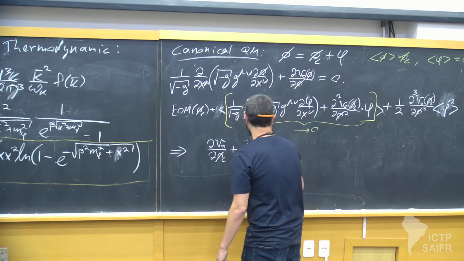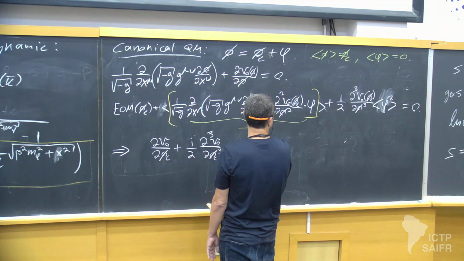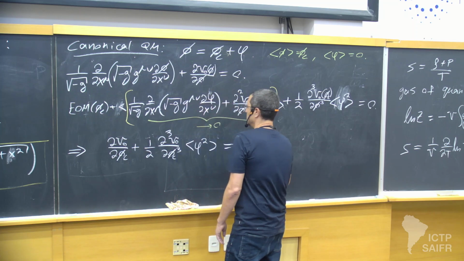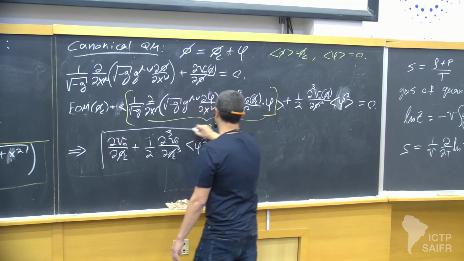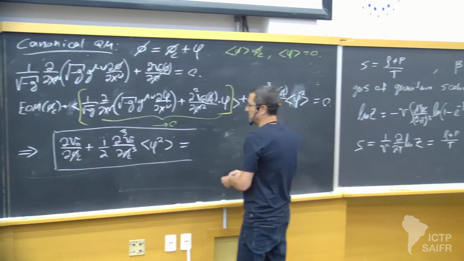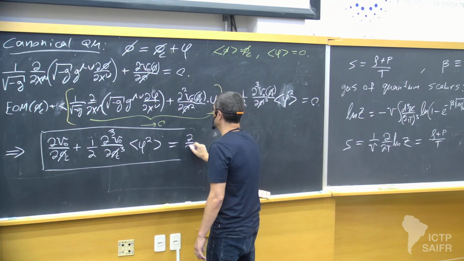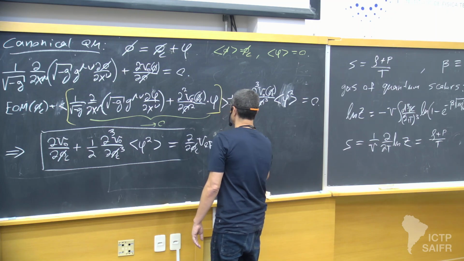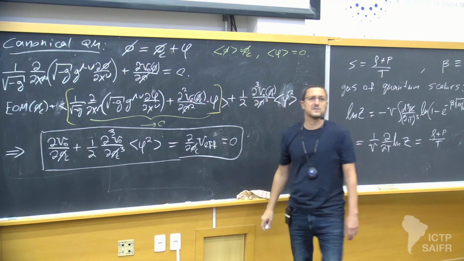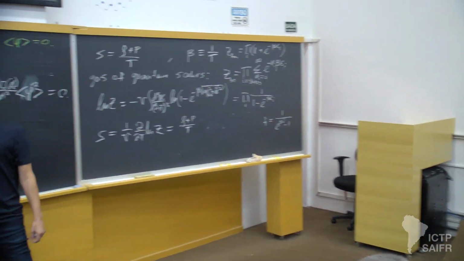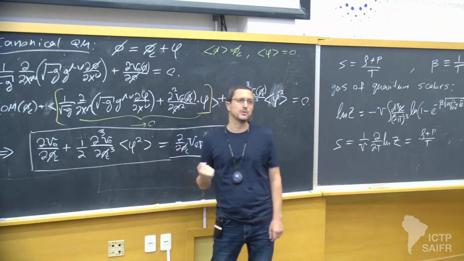I can put phi c everywhere. These are functions of phi c times the expectation value of phi squared. This is the object that we are trying to minimize. In fact, sorry, why don't I call this d by d phi c of V effective? This is the object that we want to set to 0. And this is the new contribution that we had. So that's what we have to compute.